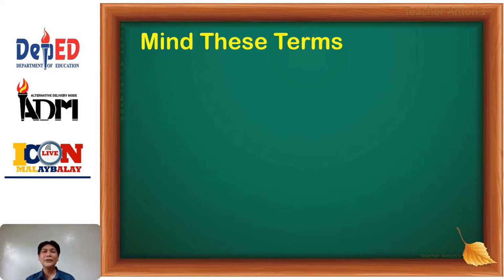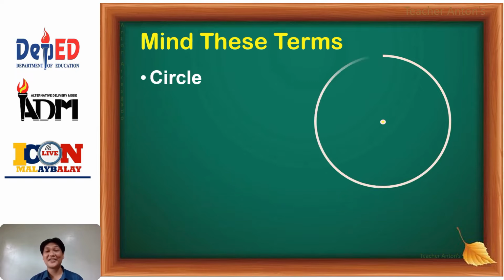Now, let us have a little review and a bit of additional related terms. First is circle. Please don't forget the definition of a circle. Say we have here a center and a circle, say circle M. Now, let's consider this figure for circle M. Then, we are going to identify the radius.